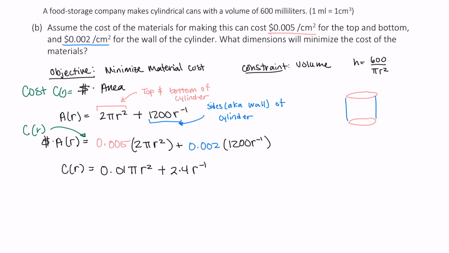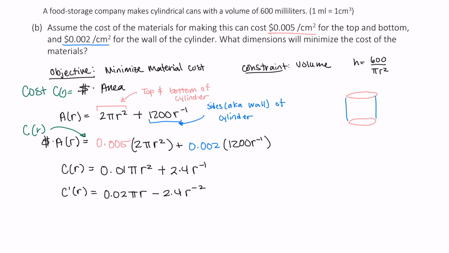And we still want to know what the minimum is. So we need to find our first derivative, C prime of r, is equal to 0.02 pi r minus 2.4 times r to the negative 2 power.